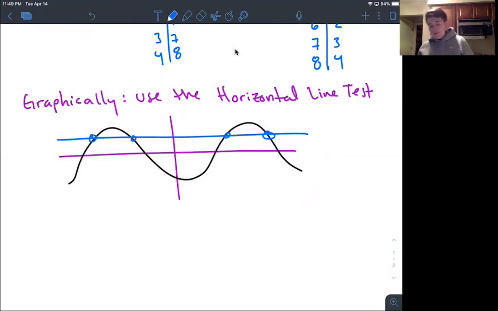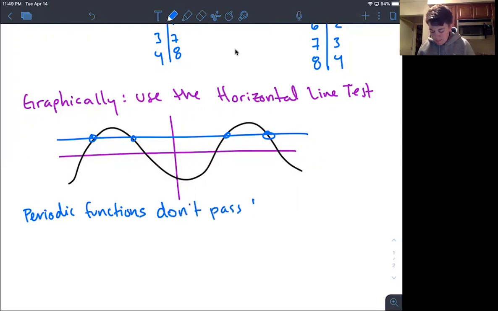That's very, very faily on the horizontal line test. So what I'm going to write down here is: periodic functions don't pass the horizontal line test.